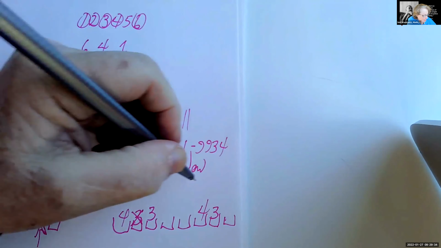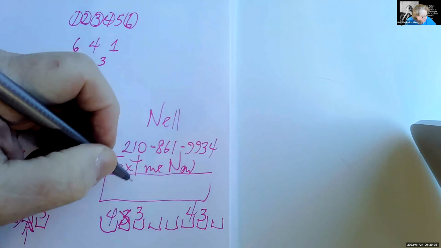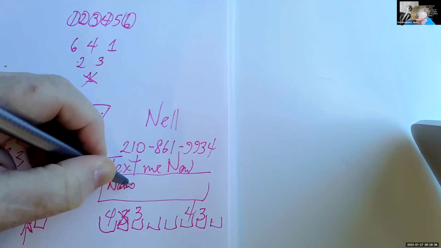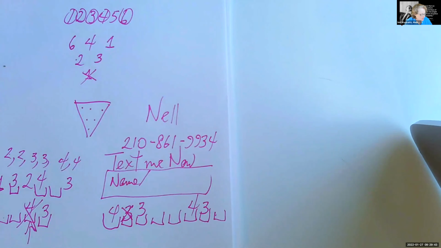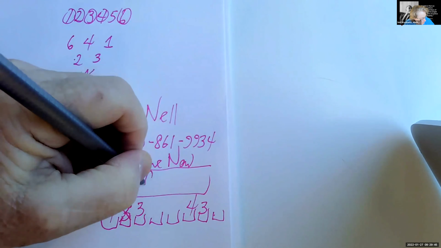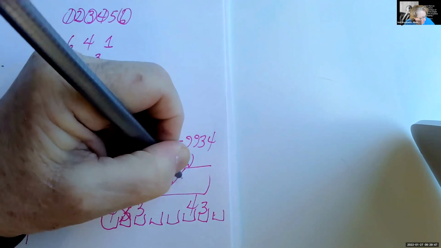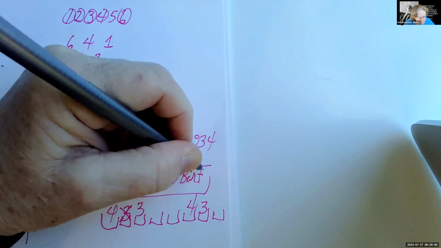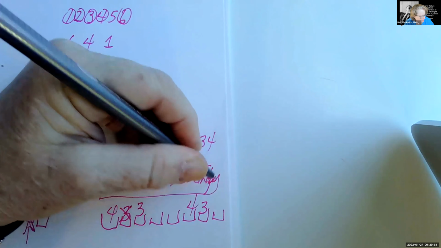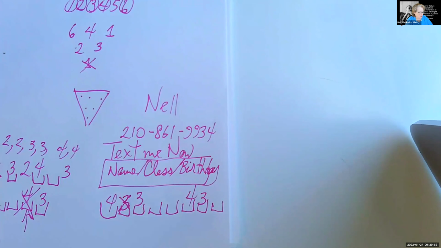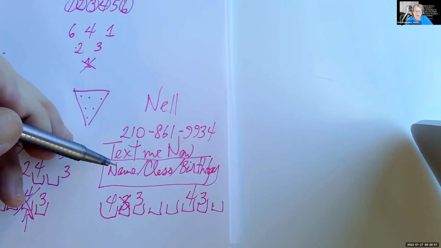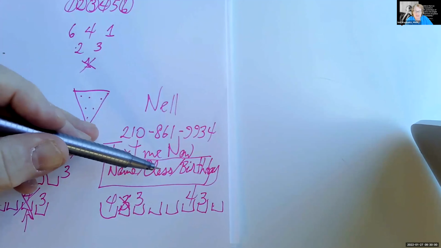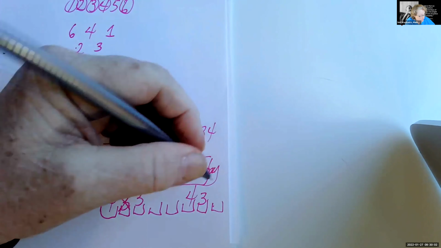So text me, and send me your name, and go ahead and put which class you're in, because I have a lot of students, and give me your birthday. So I'll know who watches this video, because the people who watch this video are going to text me their name, the class they're in with me, and their birthday, including the year.